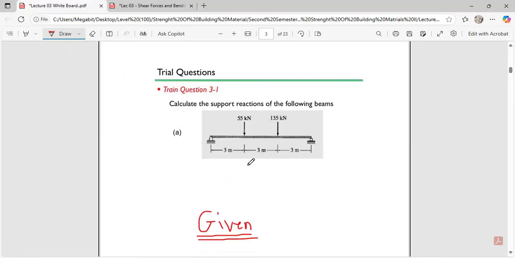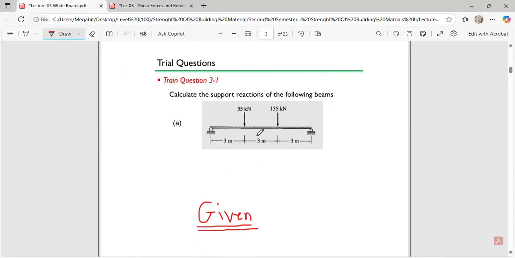This is a simply supported beam that is loaded at two regions within the center. So at the end of the day, you realize that it is supported by a hinge support and a roller support, making it classified as a simple support.